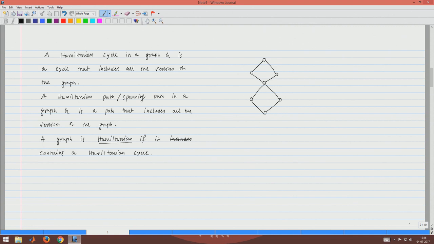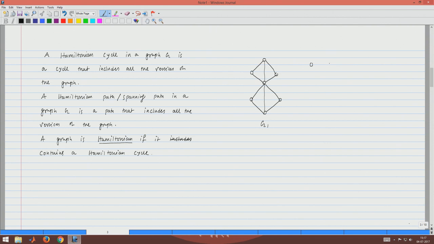Now, the question is whether, let me call this graph G1, whether this graph is Hamiltonian or not. You try to find a Hamiltonian cycle in this graph on your own. The question is whether G1 is Hamiltonian or not.